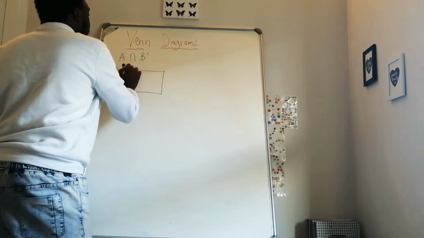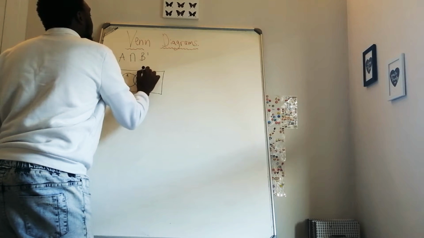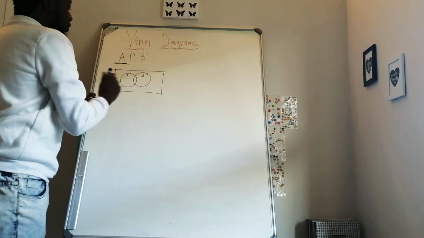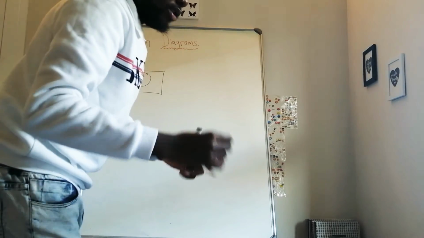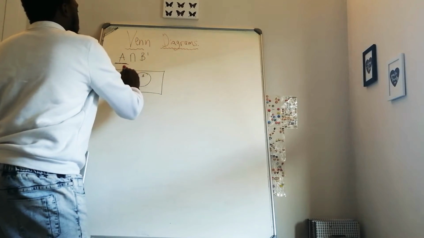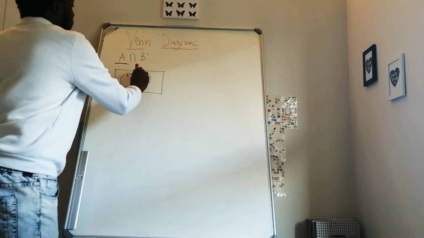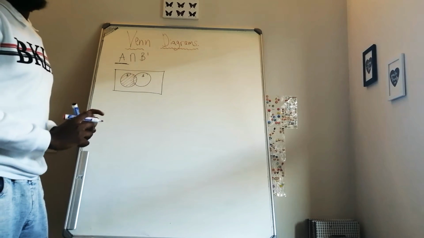So let's draw A. There's A and there's B. So what I do is I draw the first part of this question, which is A. A shaded looks like, I just shade that part, right? Remember, it's all of A, so it goes into some of B as well.